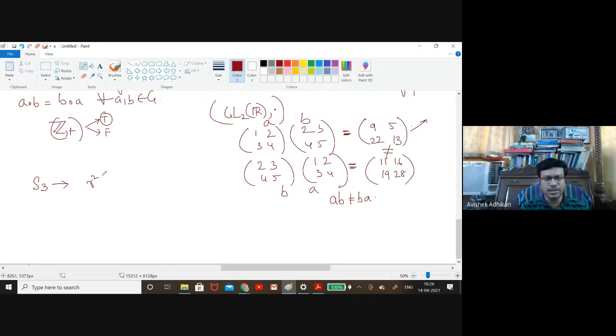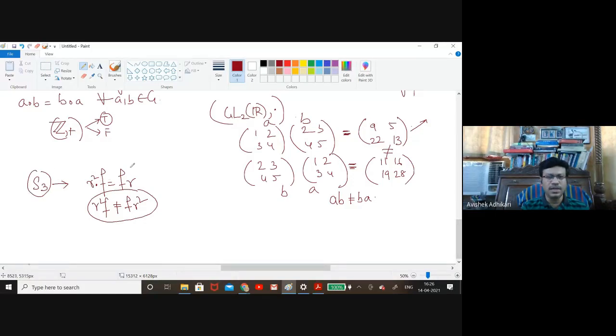From the conditions, we have already seen that r squared f equals f r. If it were f r squared, then you might have some chance that it is commutative. But since r squared is an element and f is an element, r squared f is not equal to f r squared. So S3 is also non-commutative.